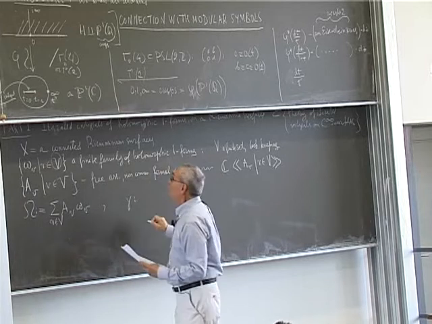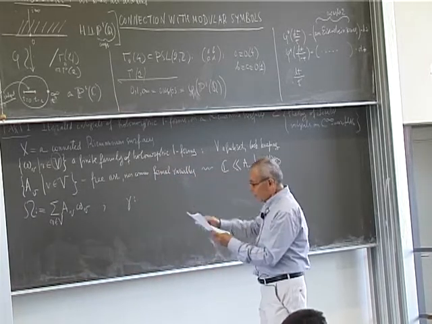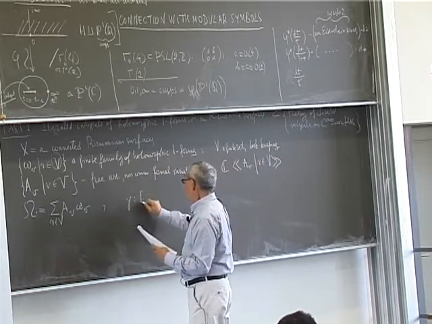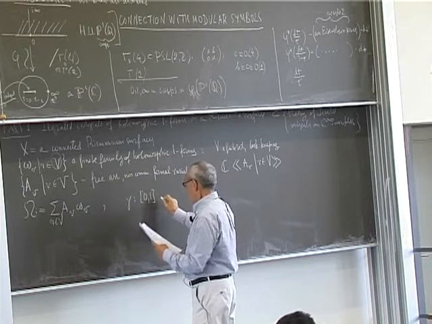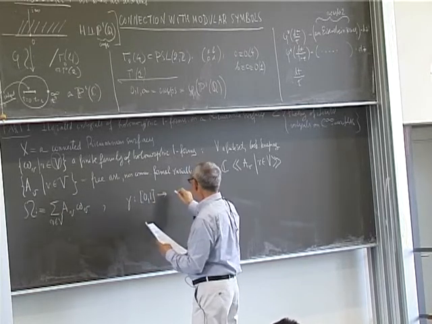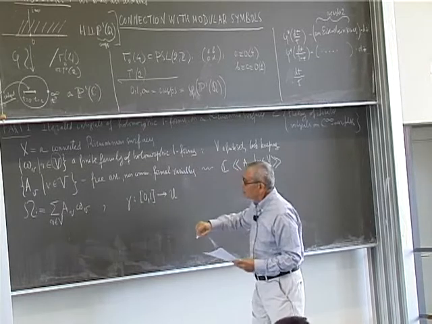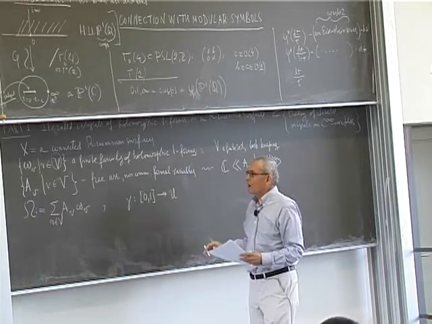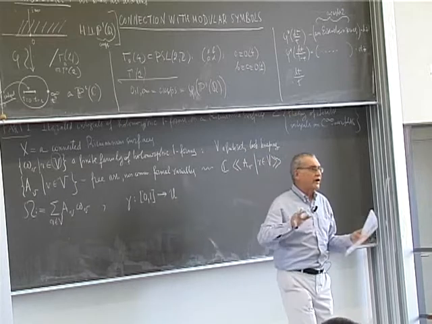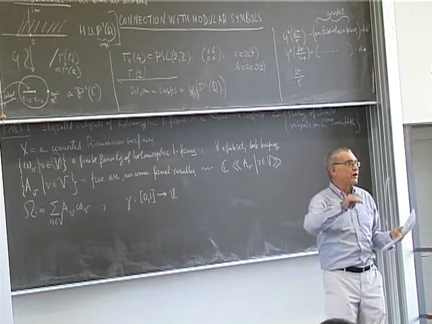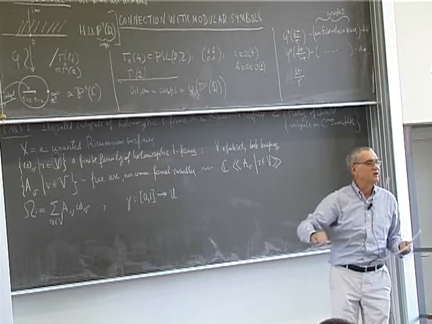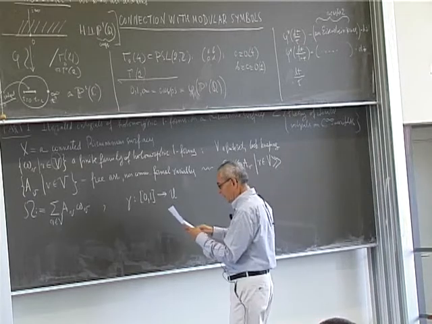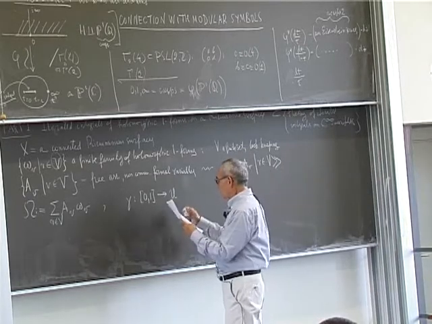And I will choose an integration path. So it will be a map from 0, 1 to u. But actually, since I will be integrating holomorphic forms, the integrals will be invariant with respect to parameterization and even to the homotopy with fixed ends, so it doesn't matter much. But at the beginning, okay, let's consider such a path.